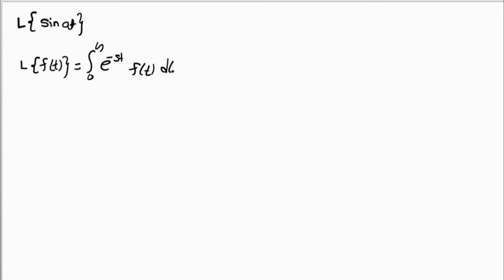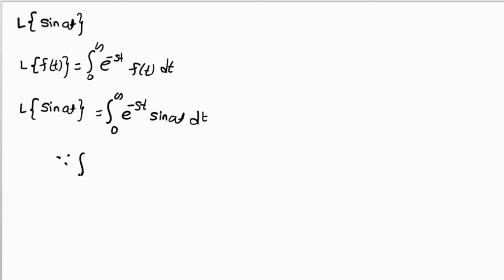Now in this term, you have to solve the Laplace of the sine function. So here, instead of f of t, I will write sin at. So by definition, it becomes integral 0 to infinity e raised to the power minus st into sin at dt.